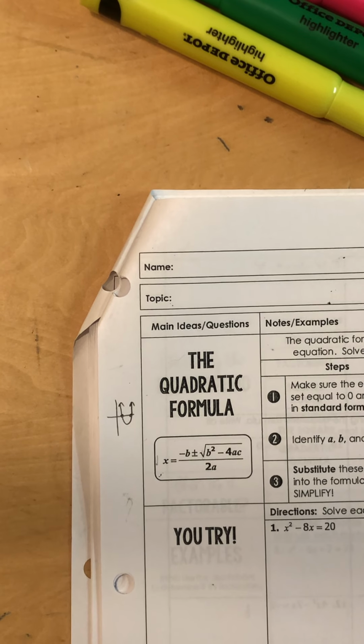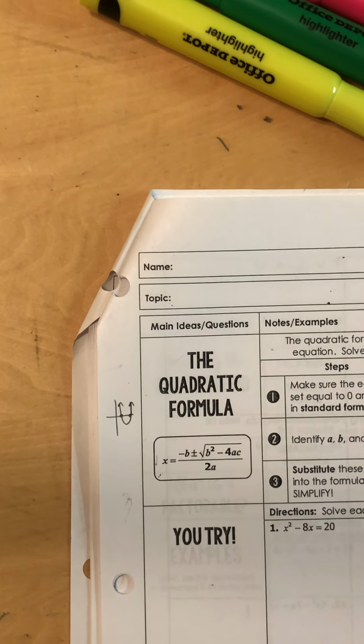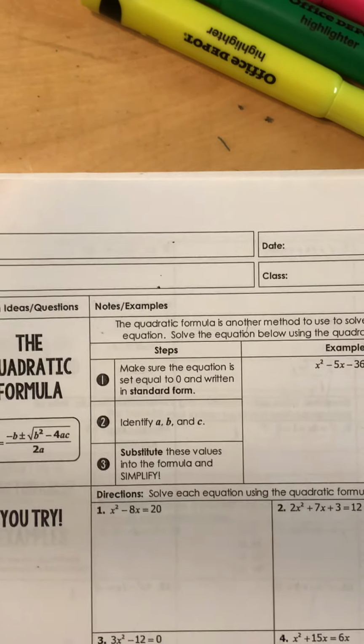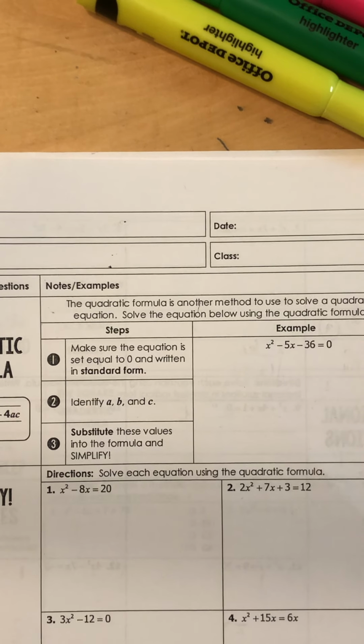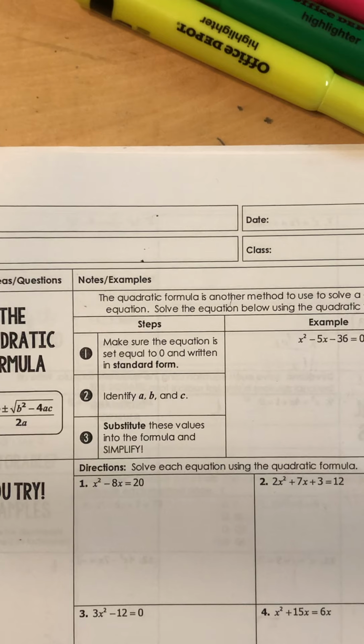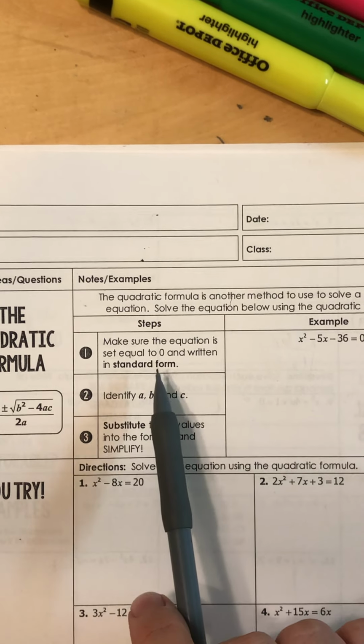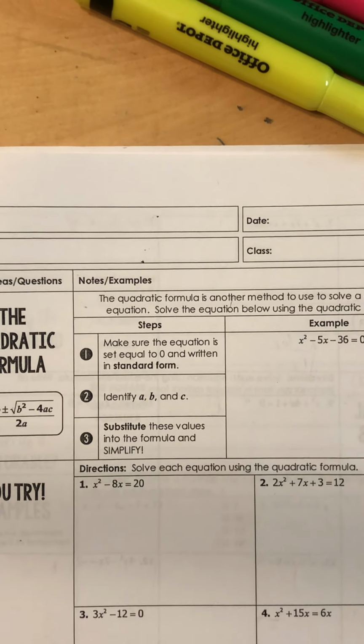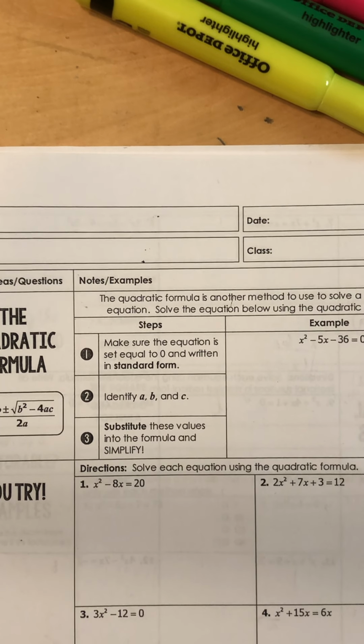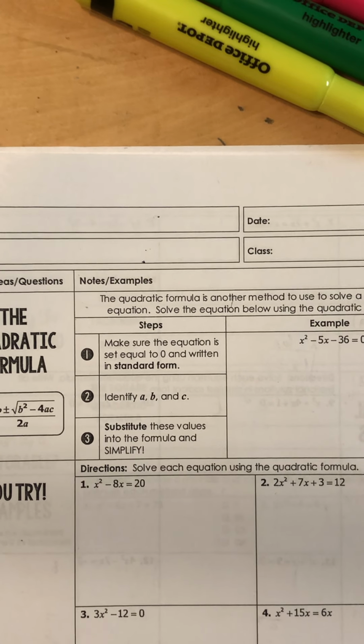So we learned some things before we actually get to the formula. All right, so we have some steps. Okay. First, make sure that the equation is set equal to 0, so we've done that plenty of times. And then we're going to identify a, b, and c because they're all in this formula, and then we're going to substitute the values and then simplify.